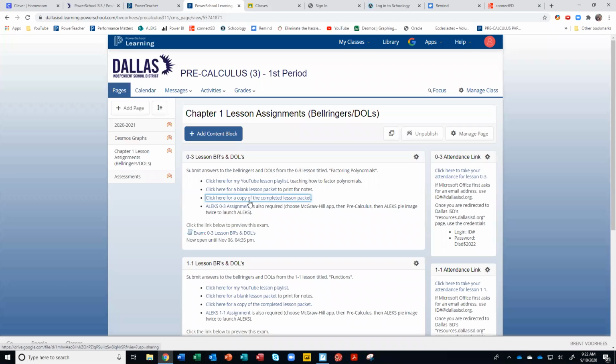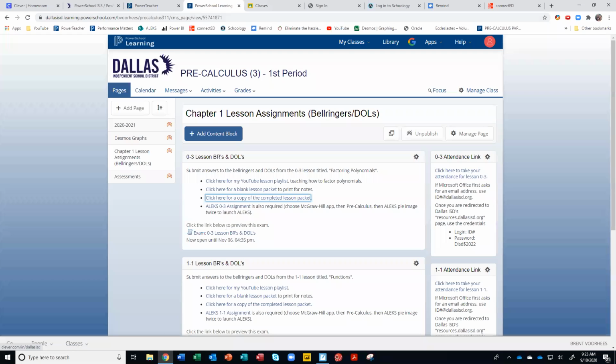What's not optional is your ALEKS 03 assignment and the bell ringer, the DOL and bell ringer exam here. It's kind of like if you were in class, the DOLs that you turn in right before you would leave class period, back when we had traditional classrooms, we were meeting in person.